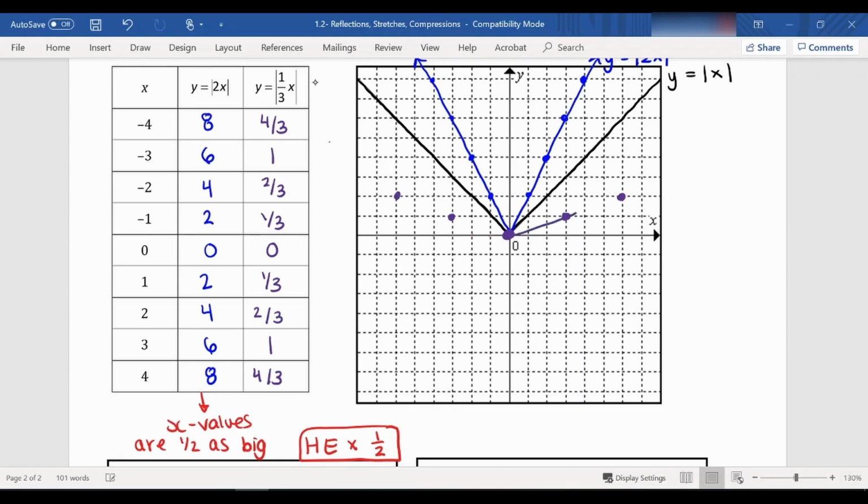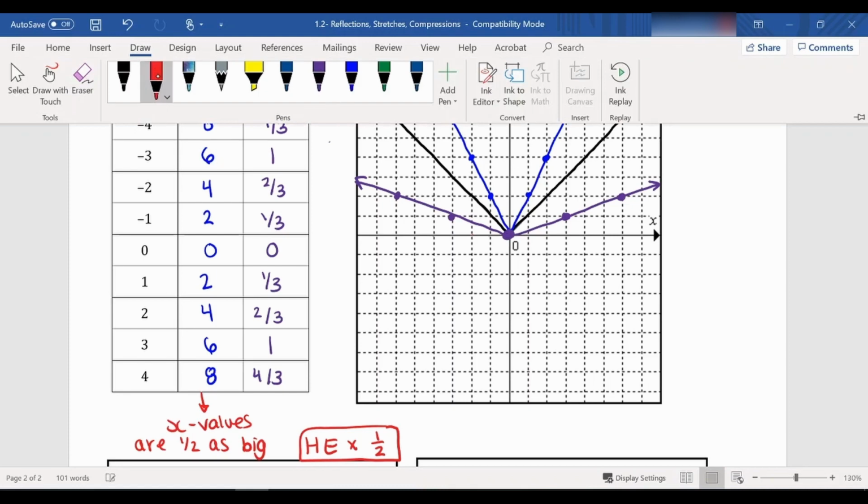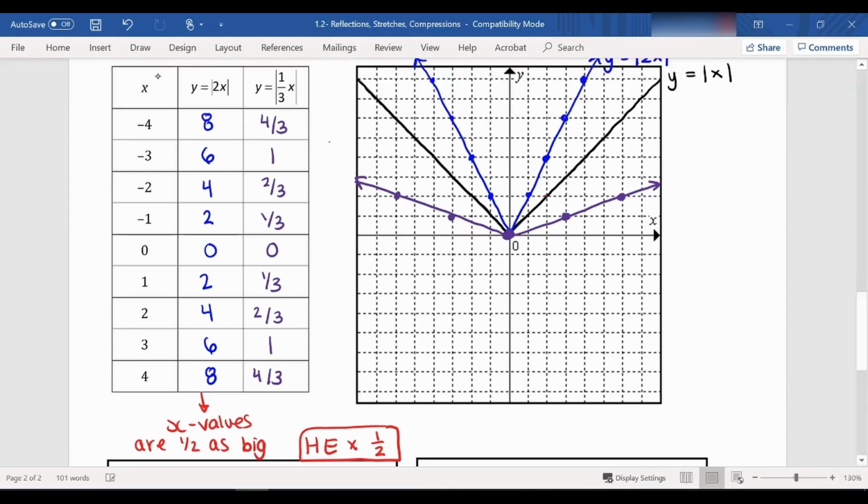Okay, let's connect those. Okay, so again, we're going to look at this from a horizontal lens because the 1/3 is inside the absolute value. It's inside the function with the x. So for example, if I take a look at this point here, where did it move to? It moved over here.